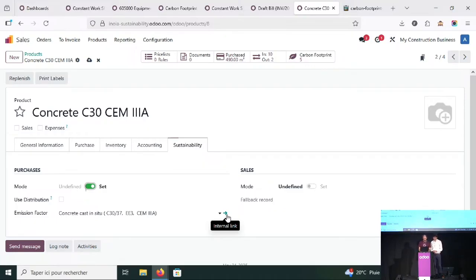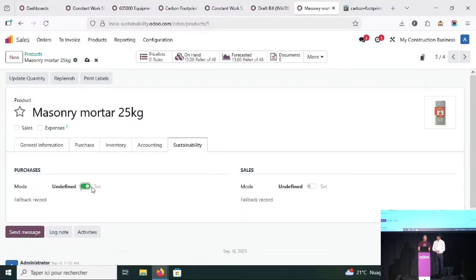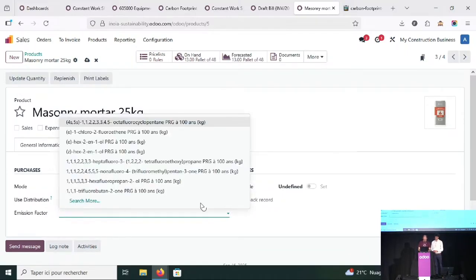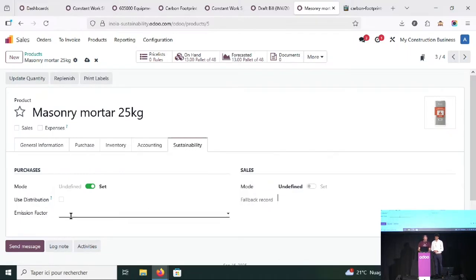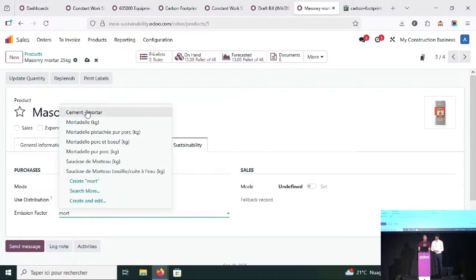Let's say. Okay, so this one is based on an LCA, a life cycle assessment. So I'm sure it's okay. For the mortar, well, no. Let's say this one is not defined. So I will start by default. I've got something like this. I will type the mortar.